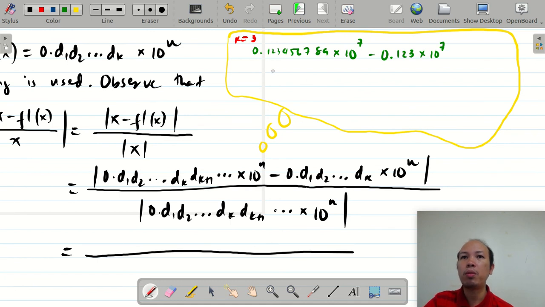So what would be the answer? Notice that if we subtract this first 3, the result would be 0.000456789.